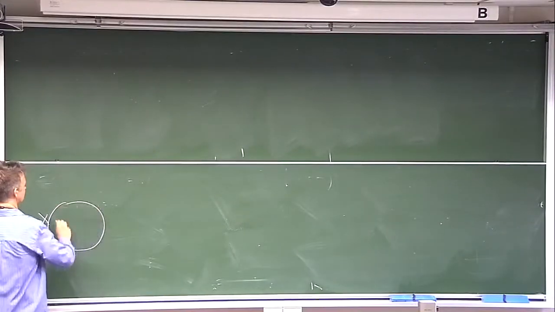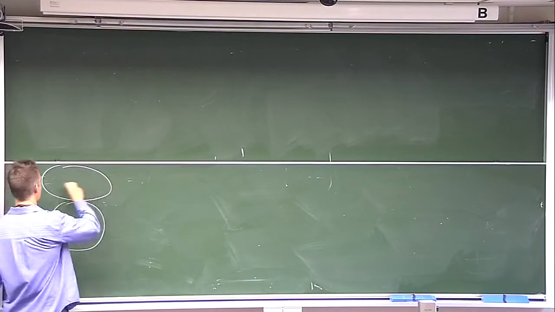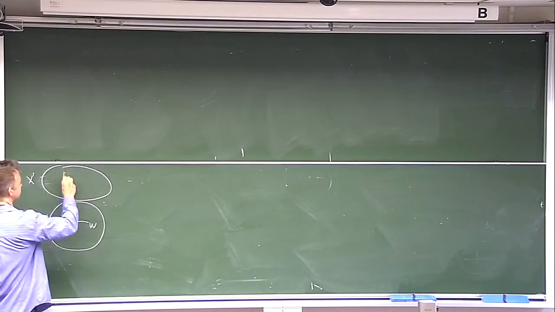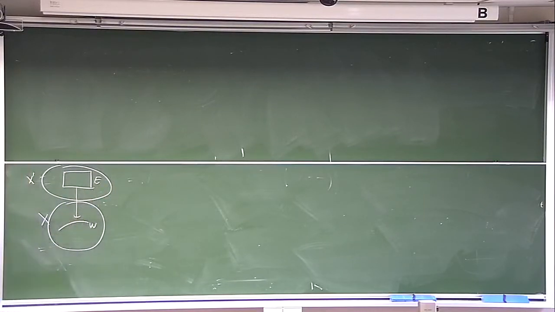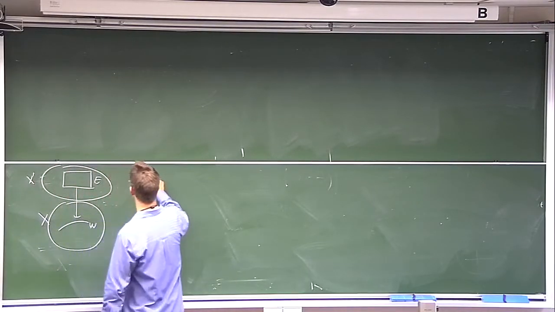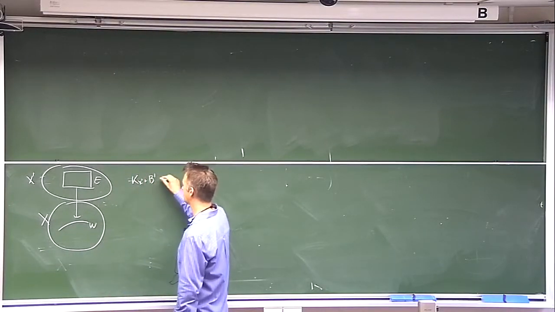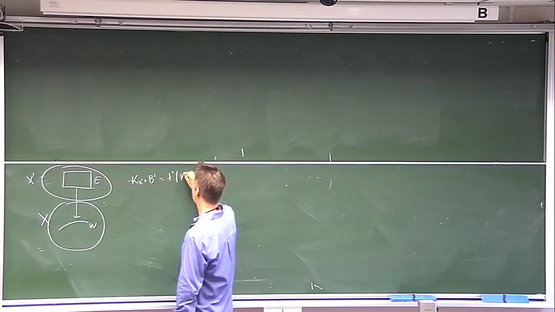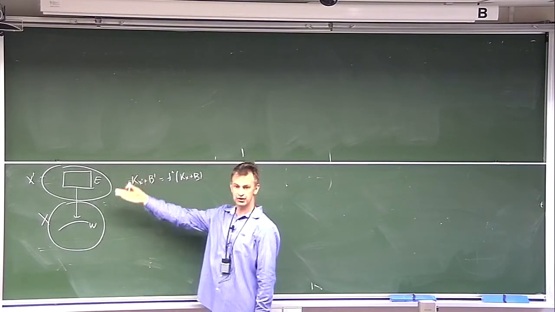You have this variety X, and inside it you have this W. You look at the log resolution, let's say X prime, and you have a special divisor E with coefficient 1 that's mapping onto W. Now you look at that setting there. So now you see that K_X' + B', which contains E with coefficient 1, is the pullback of K_X + B. So it's trivial for that map.